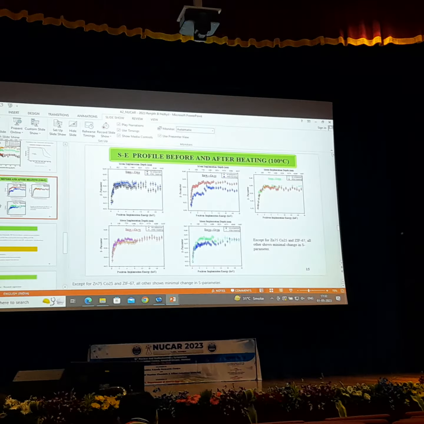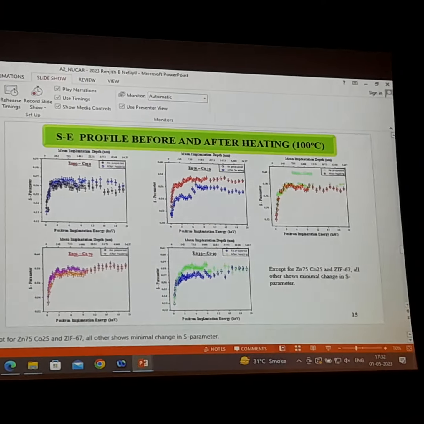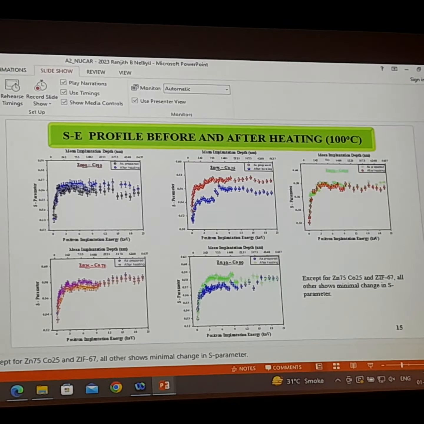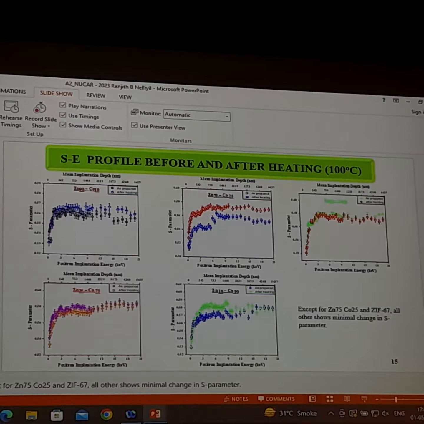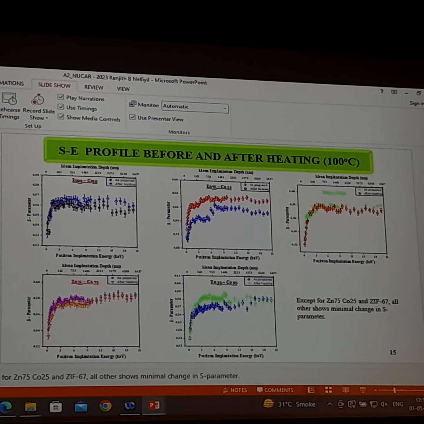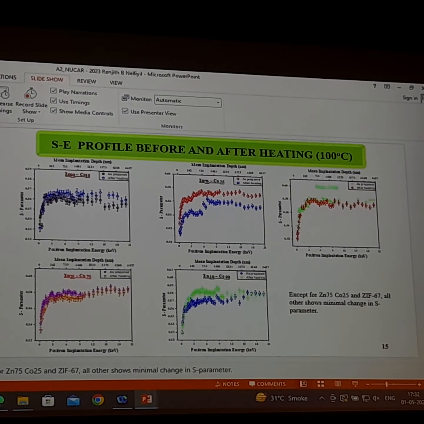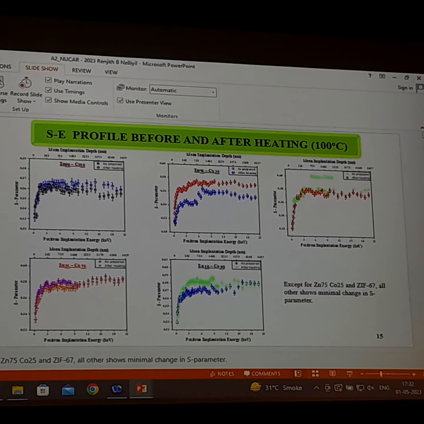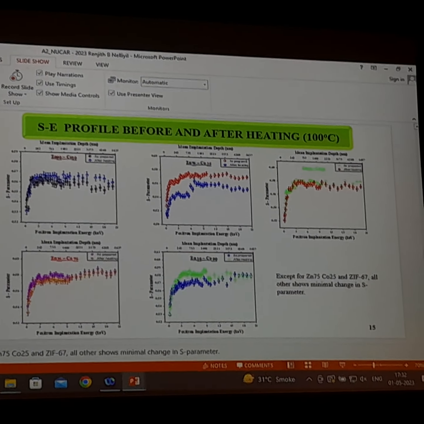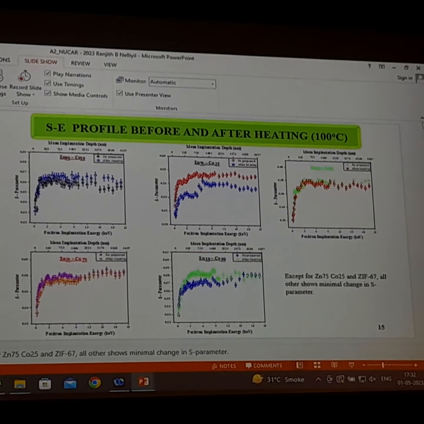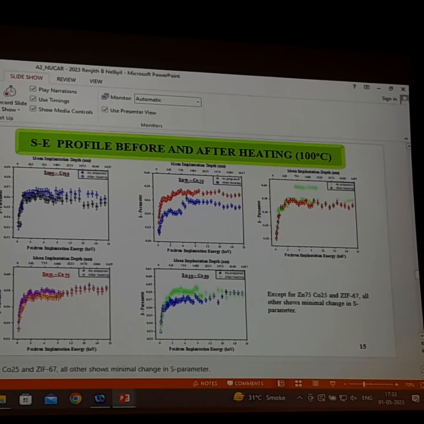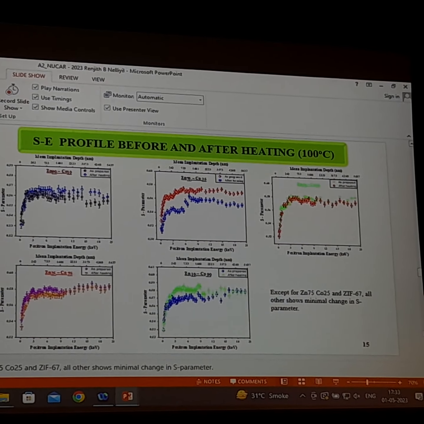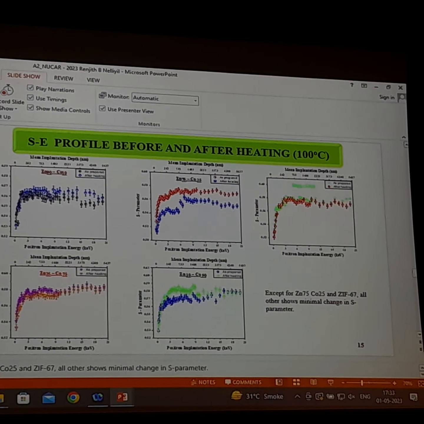What we observe is a decrease in S parameter, which means the intercrystalline voids are getting reduced by the heating effect. What we are exactly doing by heating is vibrating the molecules, right, sir? So the intercrystalline voids are getting reduced because of this. But when we consider all other samples, we could not observe this.